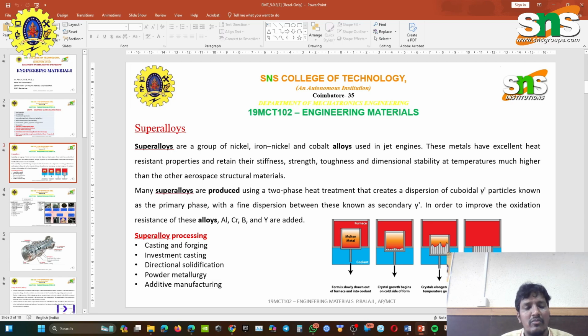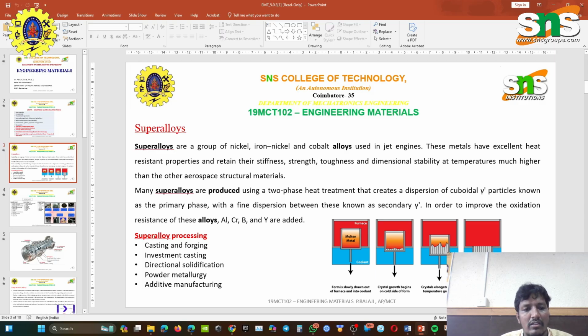Superalloys also have two phases: heat treatment to create fine particles, and another to create fine depressions between the particles.